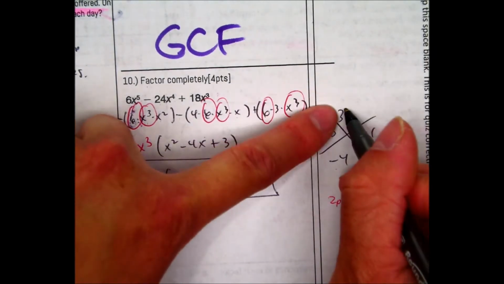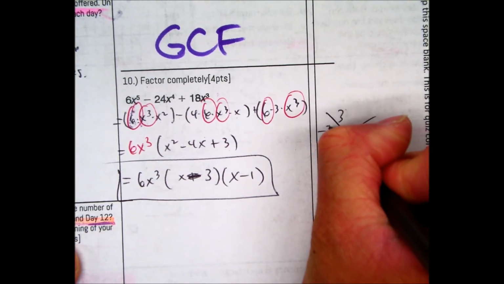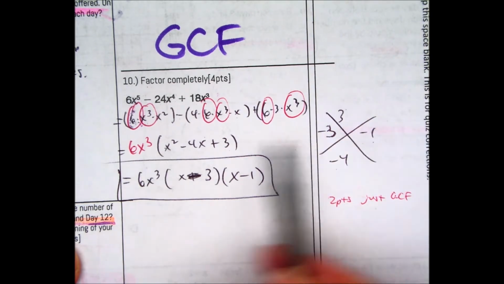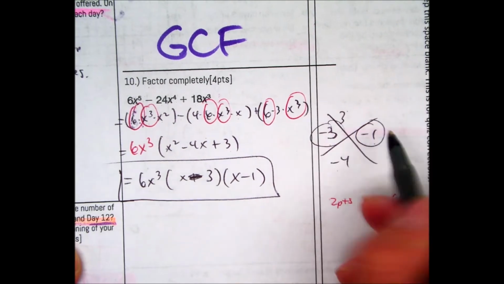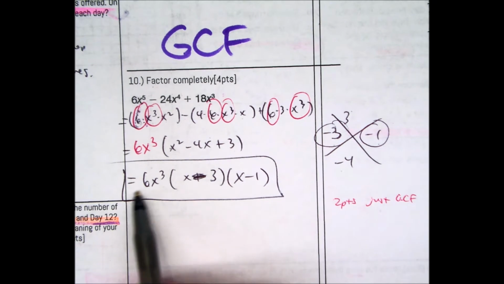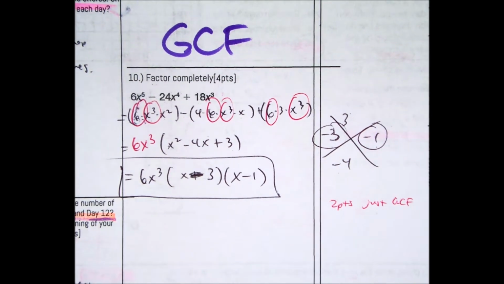Two numbers that multiply, but also add. If you haven't learned yet, you only have to do the x when your a value is equal to 1. I can just take these numbers, negative 3 and negative 1, and they go into my, so my answer is 6x to the 3rd times x minus 3 times x minus 1.